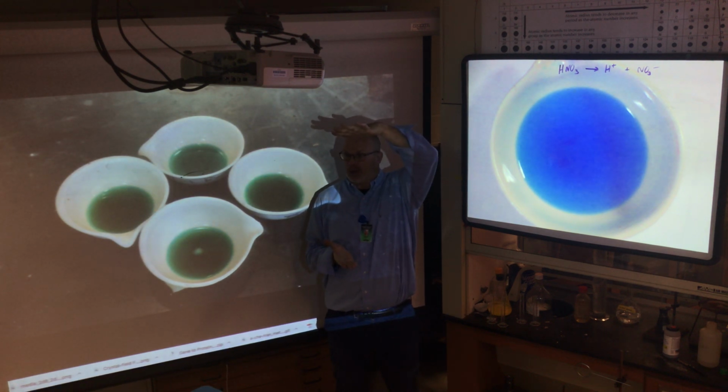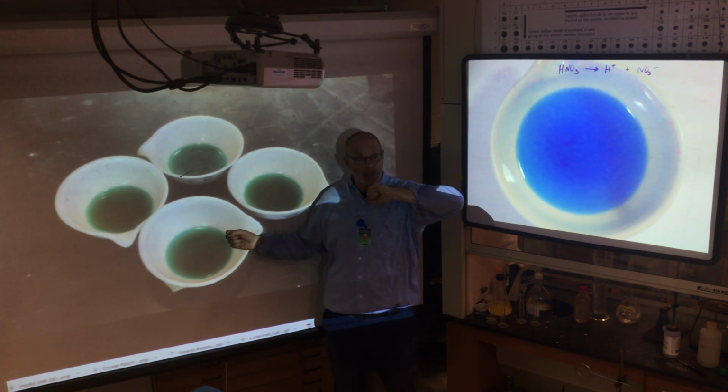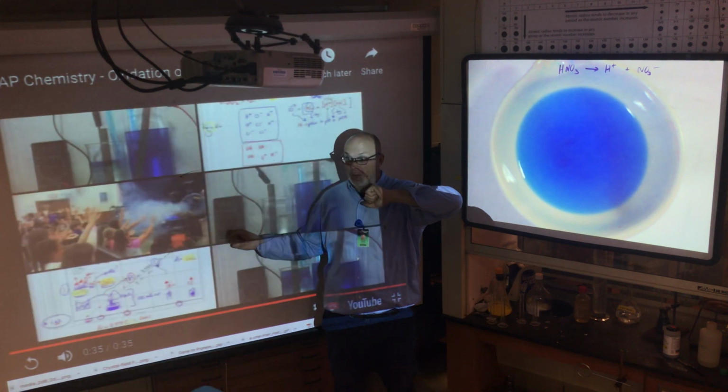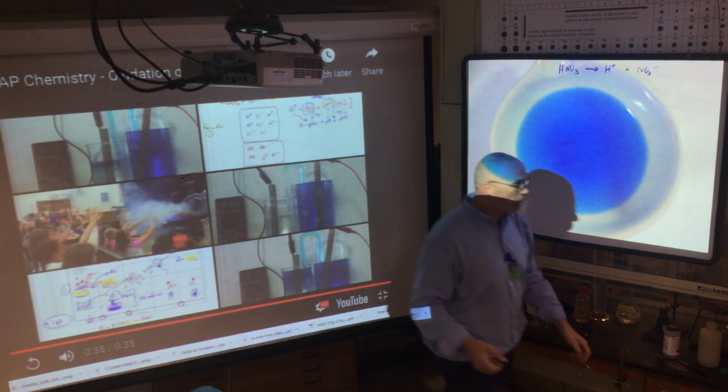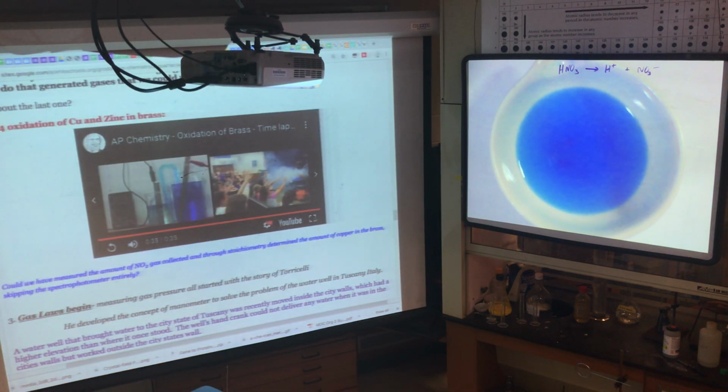And don't we know that volume can be related to how many moles of a gas? Couldn't I have used the moles of the gas released and found out the moles of copper reacted by the balanced chemical reaction?